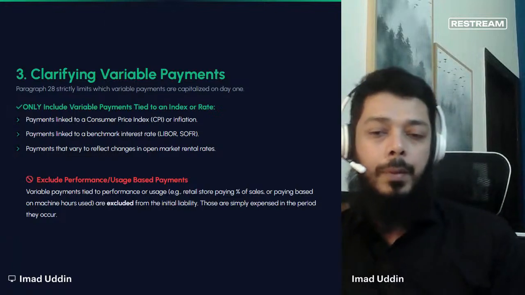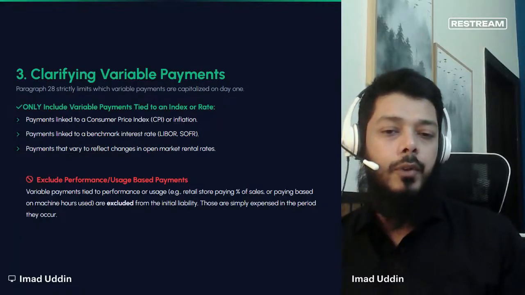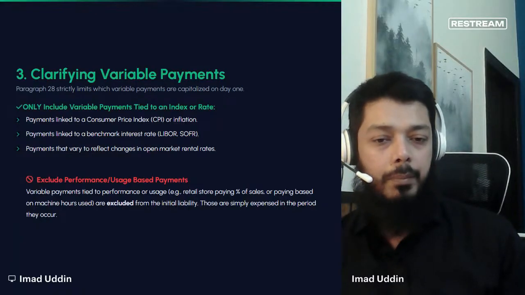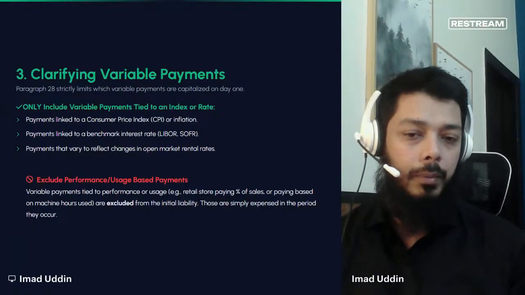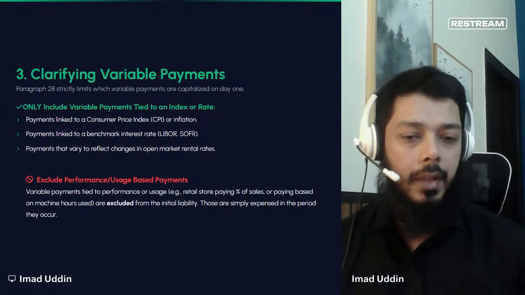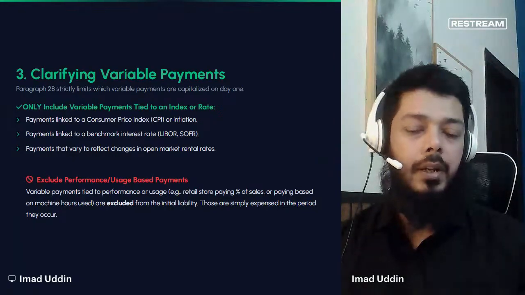To sum it up, variable payments tied to performance or usage, for example a retail store paying a percentage of sales or paying based on machine hours used, are excluded from the initial lease liability. They are simply expensed in the period they are incurred.